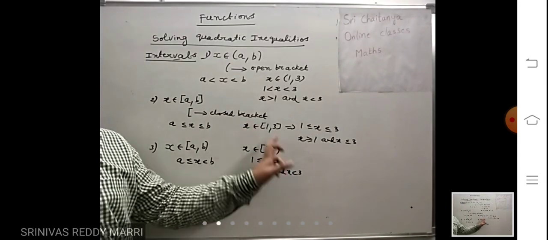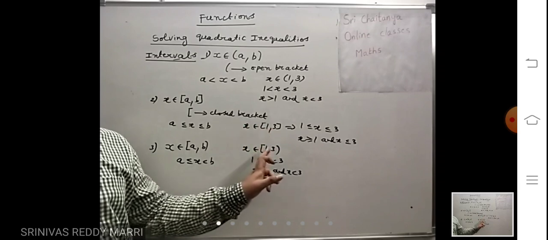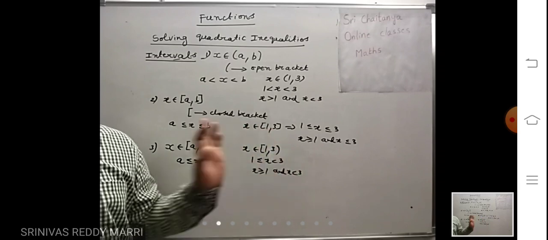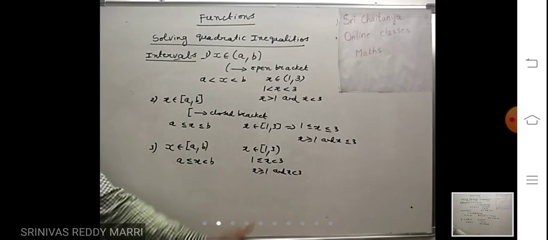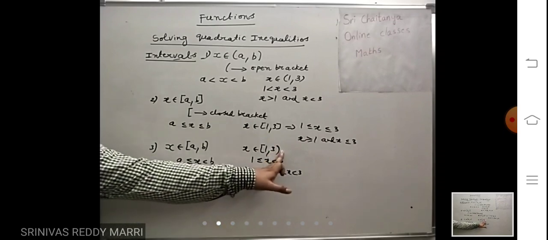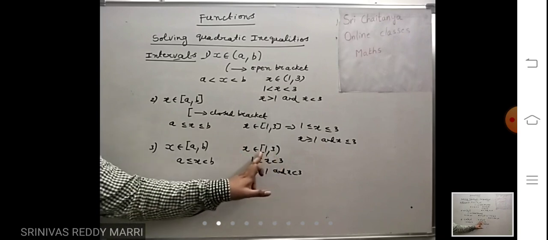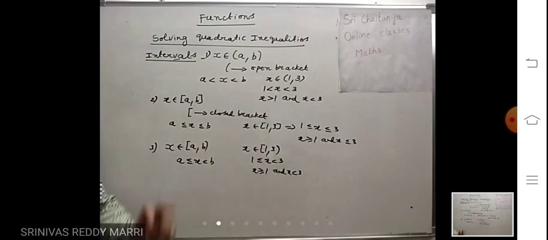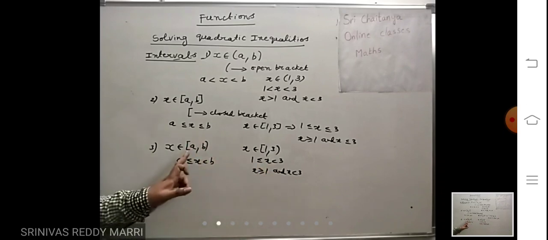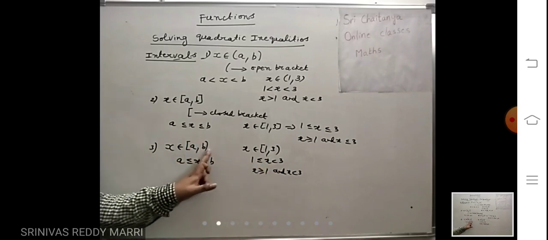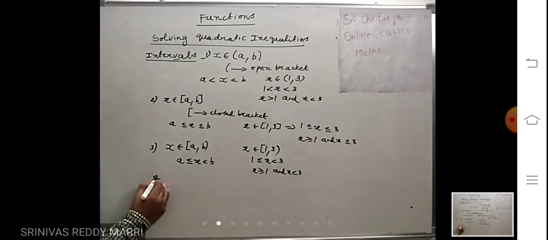In this interval, all the numbers between 1 and 3 will be there, 1 will be there and 3 will not be there, because 3 is in an open bracket. Open bracket means 3 will not be there; X will not take the value of 3. Closed bracket means X will take the value of 1. Right? So this is left side closed, right side open. This one. Right? So number 4.